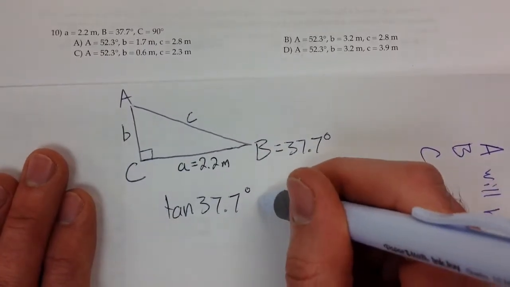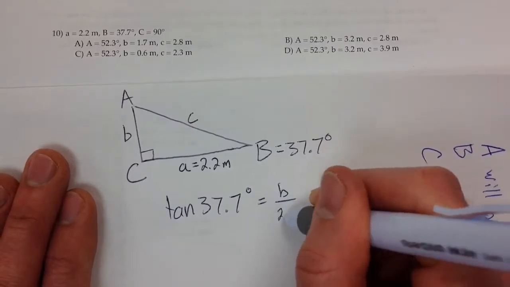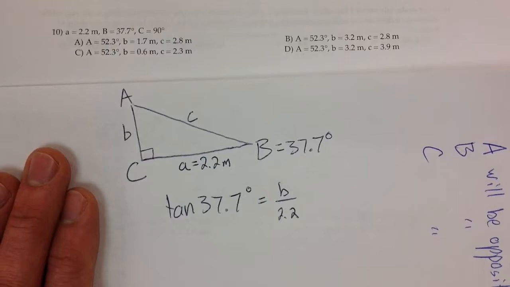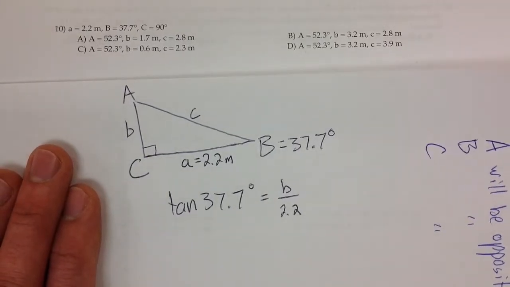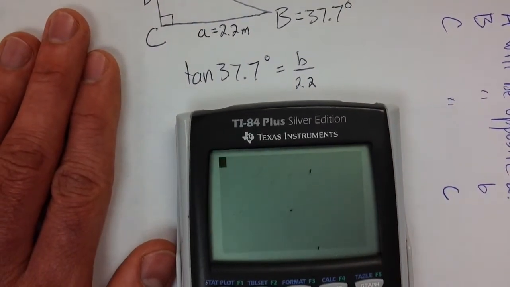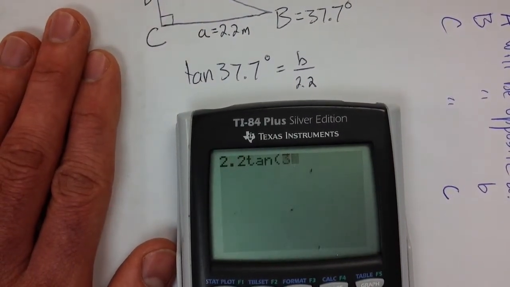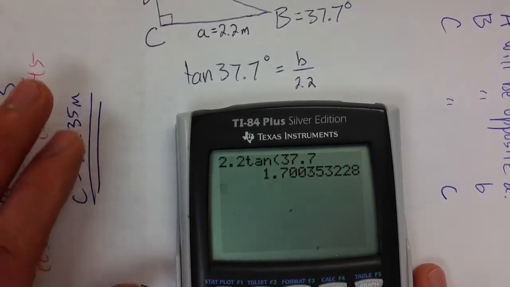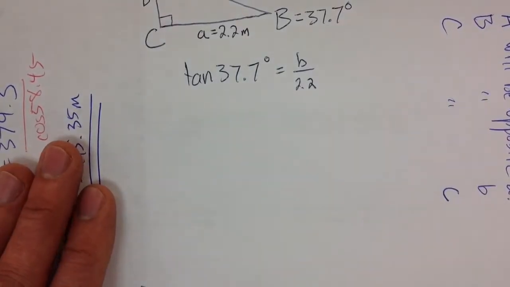Tan 37.7 equals B over 2.2. And Natalie, how would you solve that? Multiply 37.7 by 2.2. Multiply the tangent of 37.7 by 2.2. There it is. B is 1.7 meters.